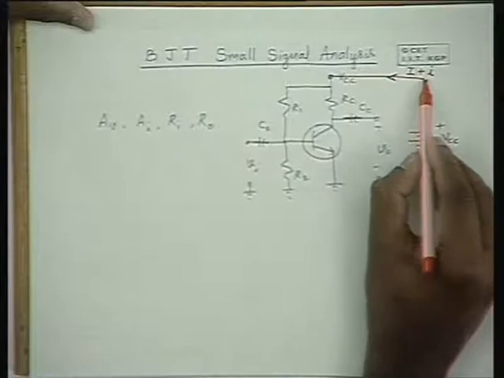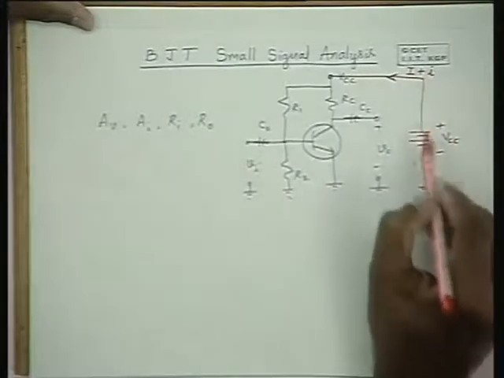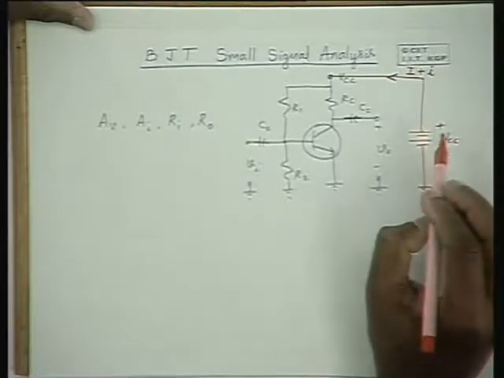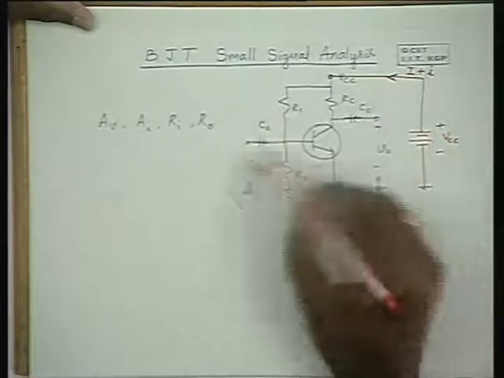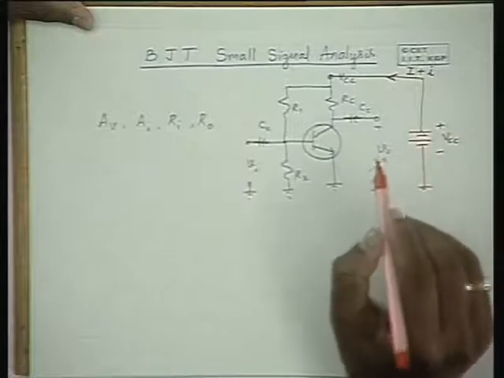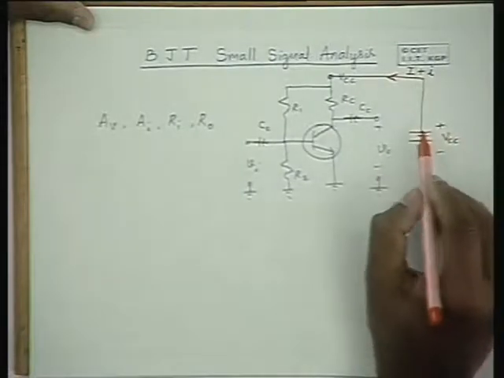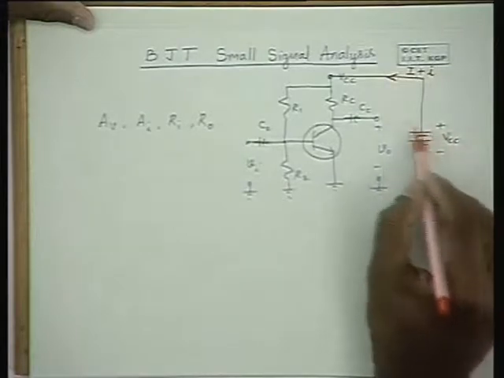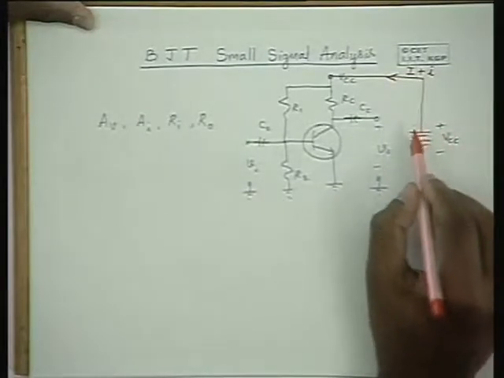Hence, as far as the alternating component is concerned, it is like a short circuit. So when you do the circuit analysis for alternating components, the supply can be replaced by a short circuit.